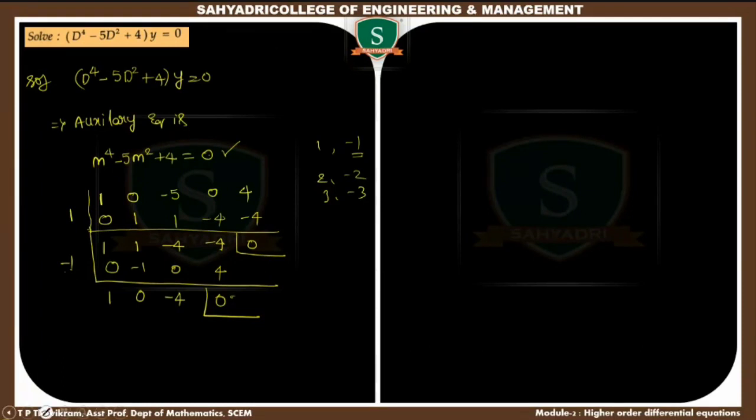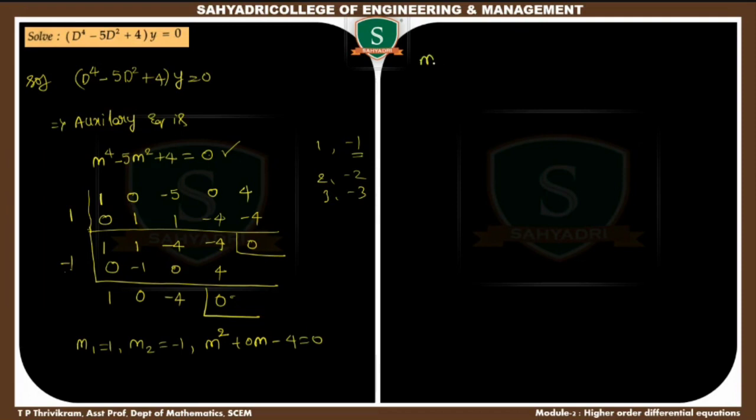So this time you got 3 terms. 3 terms means it's a quadratic equation. So the solutions are m1 equal to 1, m2 equal to minus 1, and m3 and m4 we will get from this equation. So m square plus 0 into m minus 4 equal to 0.